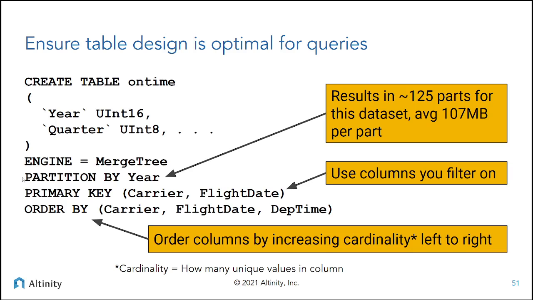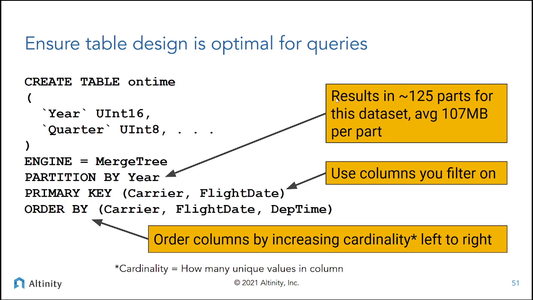Partition by breaks the data up into parts. In this particular data set, if I partition by year, it turns out it's a number of years of data, and we end up with about 125 parts. This actually is less efficient than what I would expect.